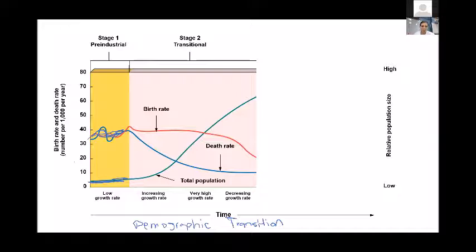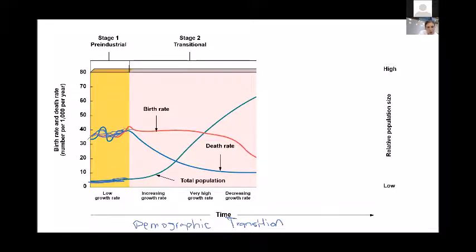However, as countries start to modernize, as agricultural practices get better, more medicine is available, we start to see a huge decline in the death rate. Infants are getting vaccines so they don't get sick. People have access to more nutritionally dense food and more resources in general.